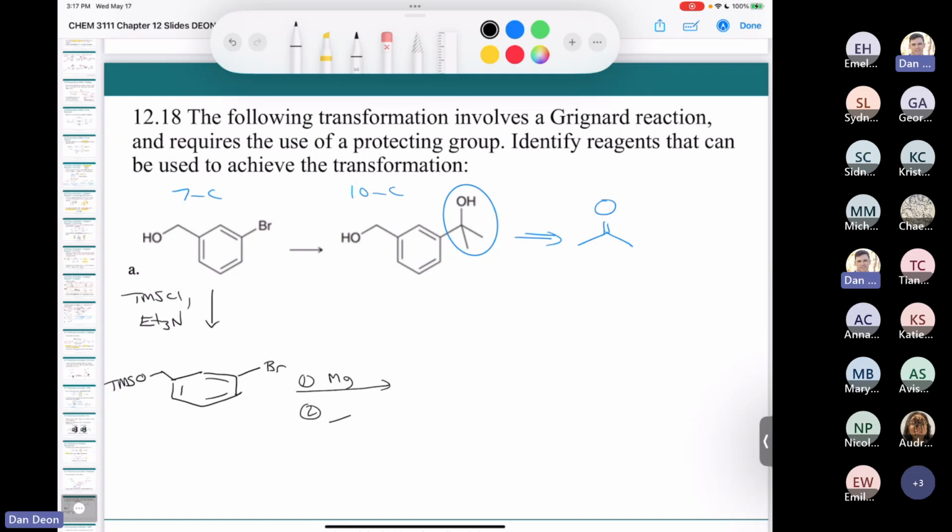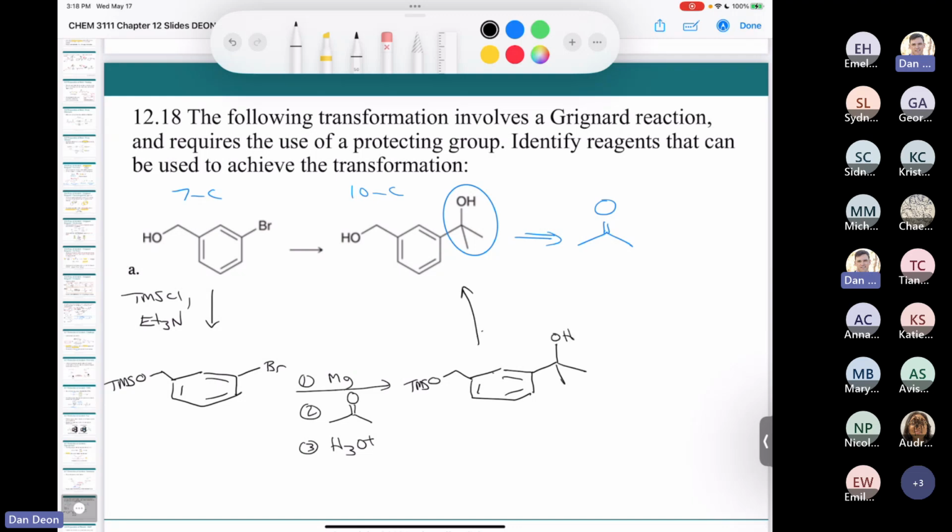Then we can treat it with acetone or propanone in the next step. And then that's going to give us, after protonation, this compound. So we end up with OTMS here, and then we have our tertiary alcohol.